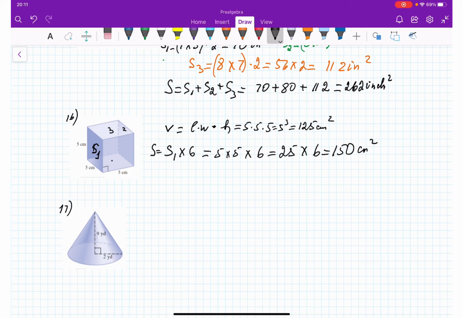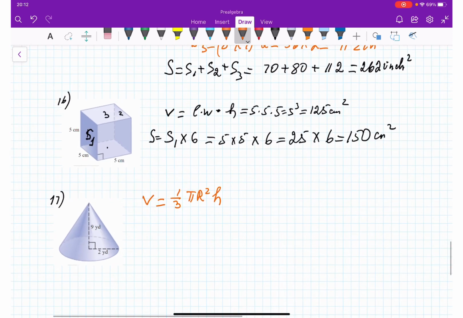All right. Let's see how we're going to solve this problem. What do we need to find? We need to find volume and surface area. Okay? Volume is equal 1/3 pi r squared h. You know what formula is this?